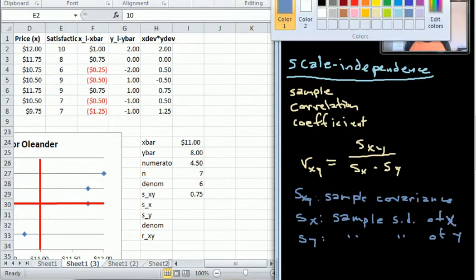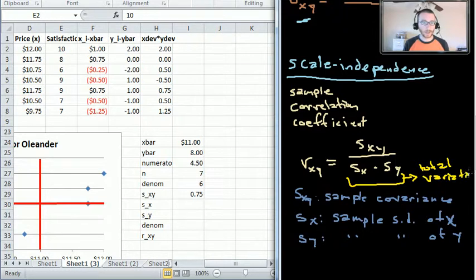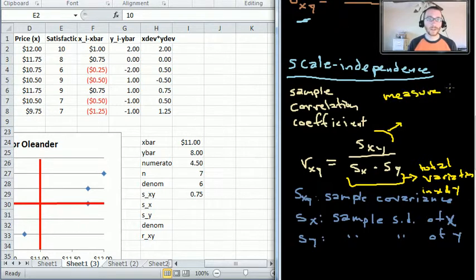And this has a very satisfying interpretation. I like it. This bottom is kind of like the total, some measure of the total variation in x and y, or total covariation, or the total variation between the two of them. And this right here is a measure of their variation together.